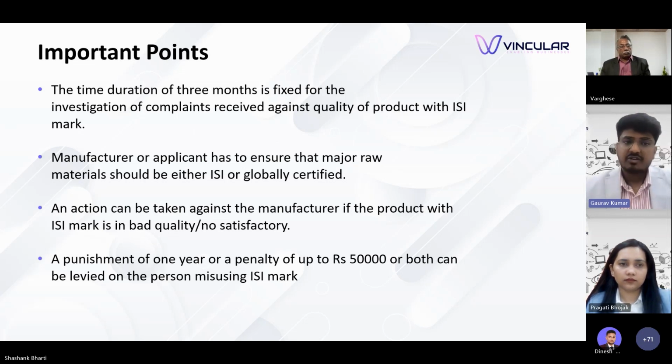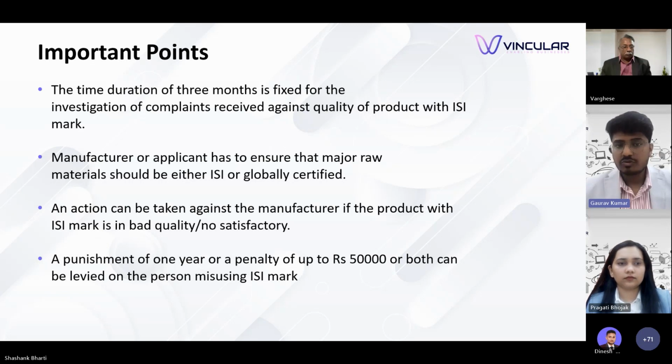Second point is, manufacturer or applicant has to ensure that major raw material should either be ISI or globally certified. So the expectation is, wherever the raw materials are separately, individually notified in the gazette order, then there is no other way. You have to procure the raw materials as per ISI certification norms only.